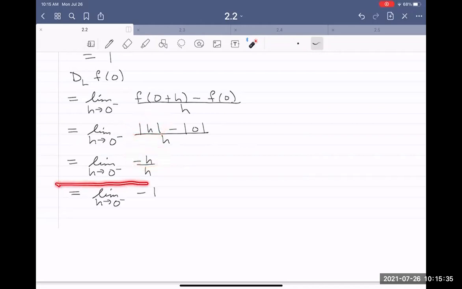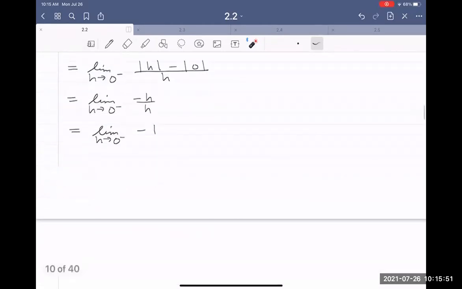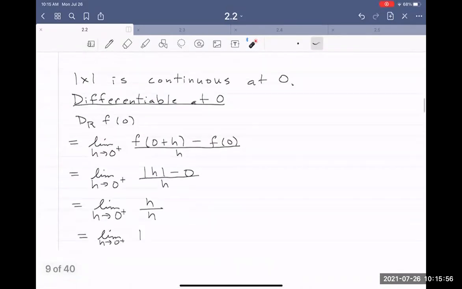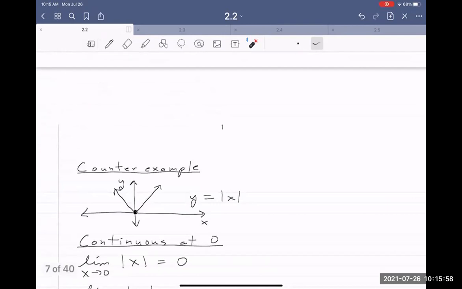So this is equal to the left-sided limit as h approaches 0 of negative h over h. Negative h over h is just negative 1. So this is equal to negative 1. So you notice that if I look to the left of 0, it looks like a line of slope negative 1.